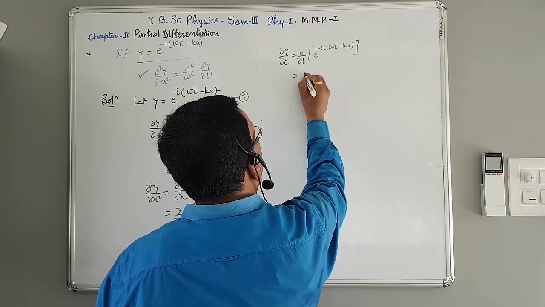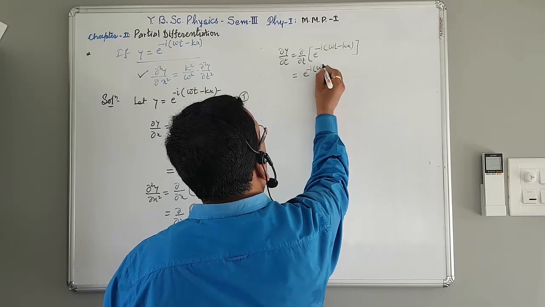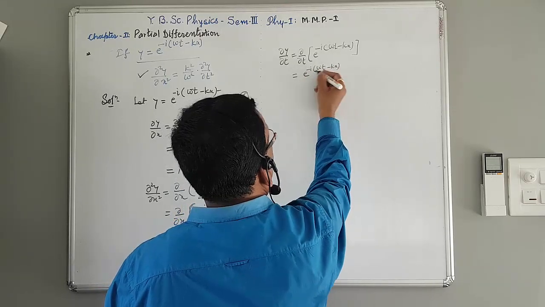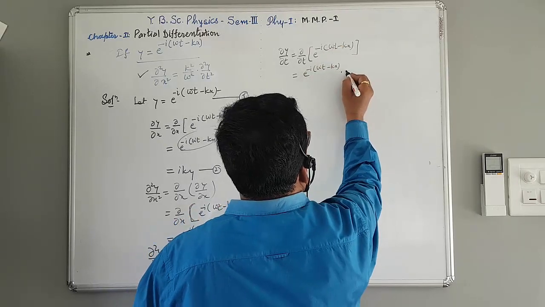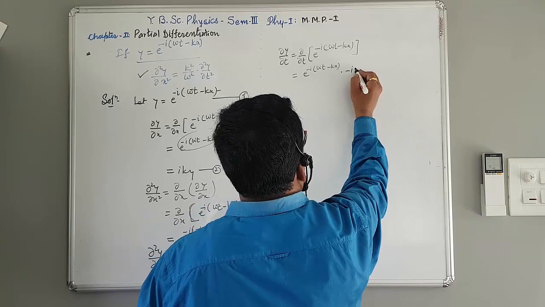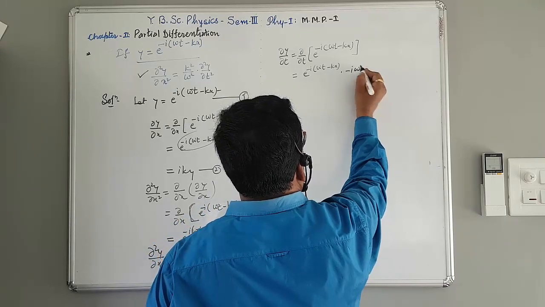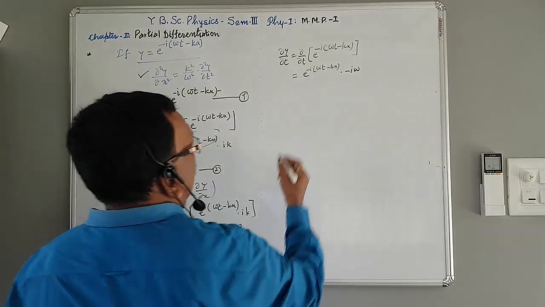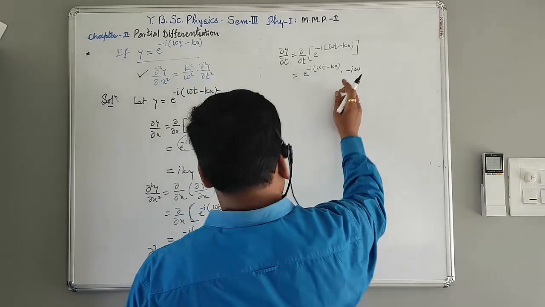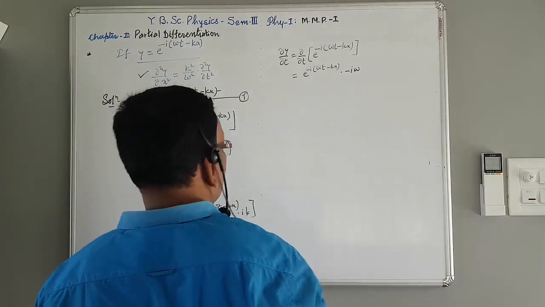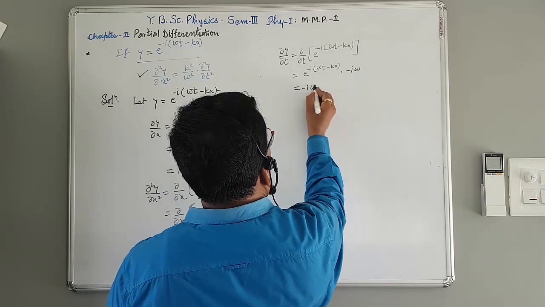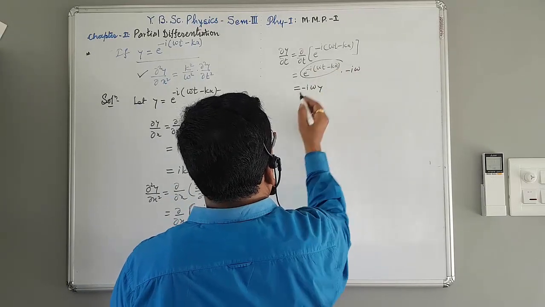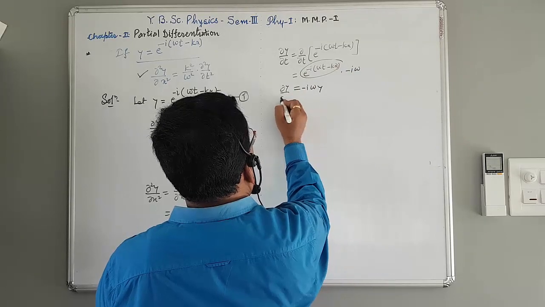We have e^(−(iωt − kx)) as it is, and we take the derivative with respect to t. Therefore, −iω, or simply −iωy, because this is the value of y. This is the first order derivative.